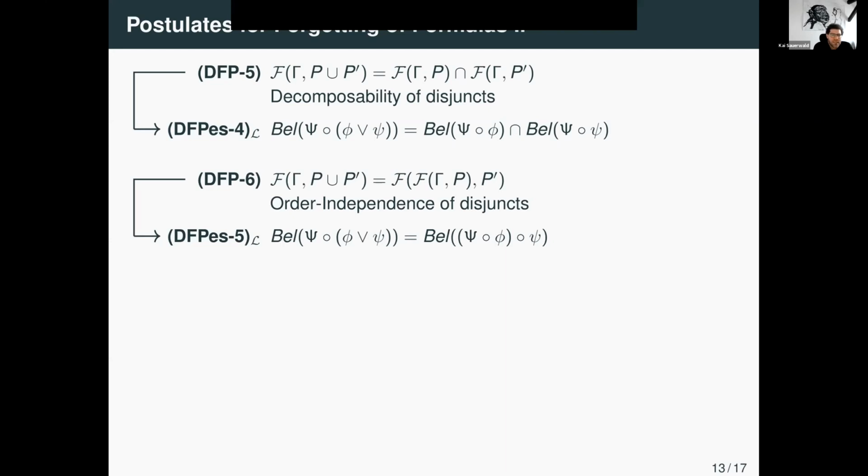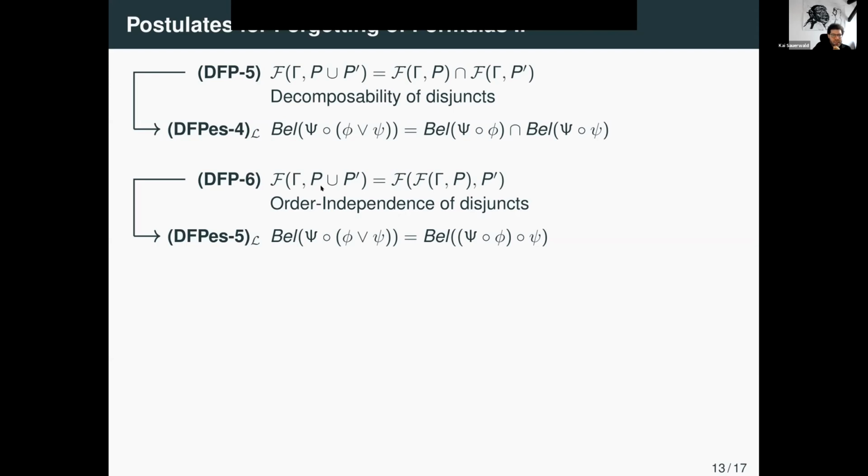DFB6 by Del Grande does something similar to DFB5. So when you again have this split-up situation, Del Grande says that the order of forgetting these disjoint sets of atoms has no influence. So you can do it in any order you want.